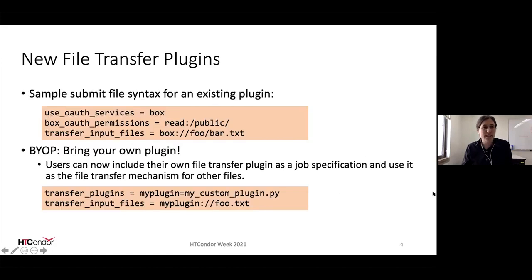I've also included a quick example of what the syntax can look like in the submit file for using these plugins. You have to enable the services. If you're using an authenticated service, there's some work that has to be done behind the scenes to make sure you get that access. But once that's done, use these options and then the plugin name and the file to be accessed. And this does work for input and output.